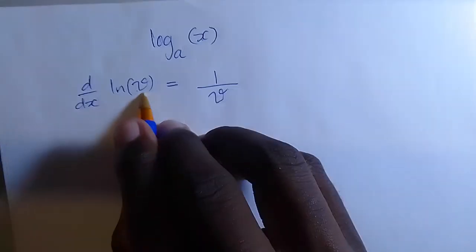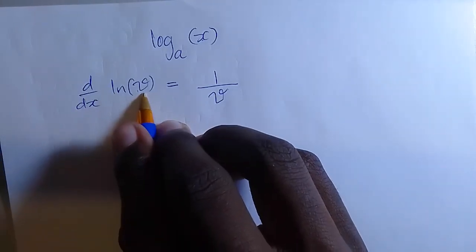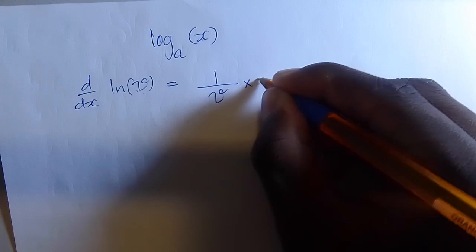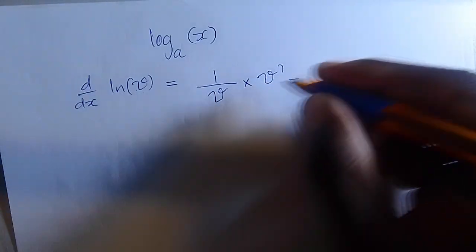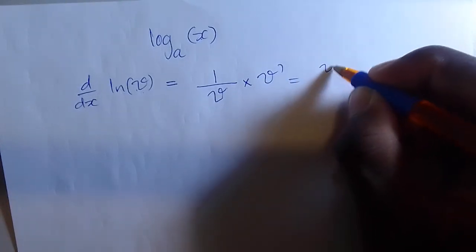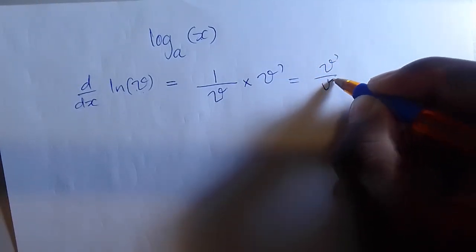And then you differentiate the inside, which is v, so you find v prime. That means the derivative of this is v prime on v.